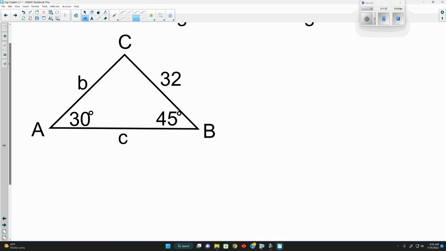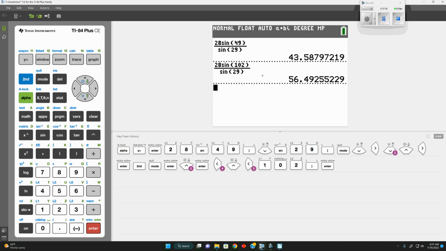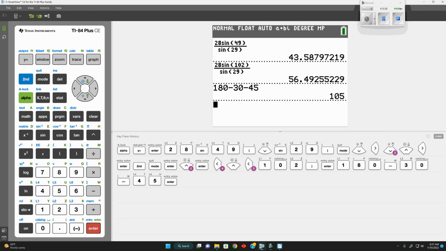Let's look at the next one. So we have this here. They did give us two angles and a side, yes? So we need to find the measure of angle C, side length B, and side length C. In the calculator, we can say 180 minus 30 minus 45.